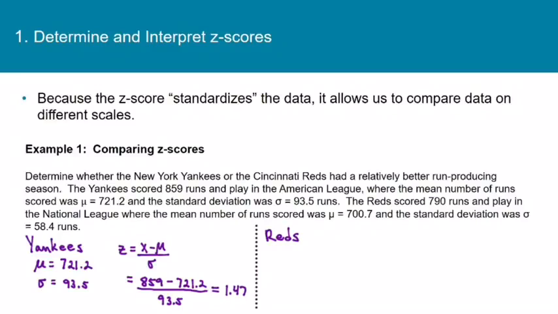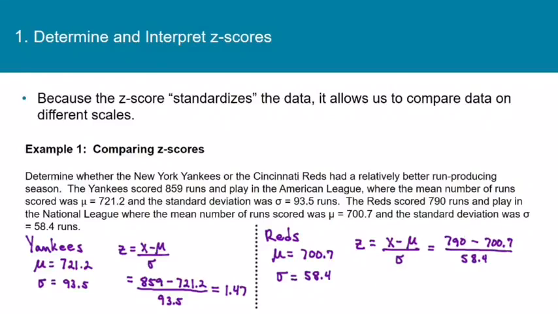On the other hand, if we do the same thing for the Reds, the National League, where the Reds play, had a mean of 700.7 and a standard deviation of 58.4, and again plugging into the z-score formula, we get 790 minus 700.7 all divided by 58.4, so the z-score for the Reds is 1.53.